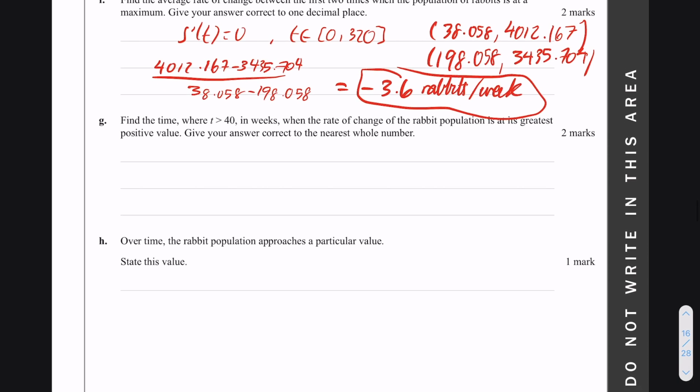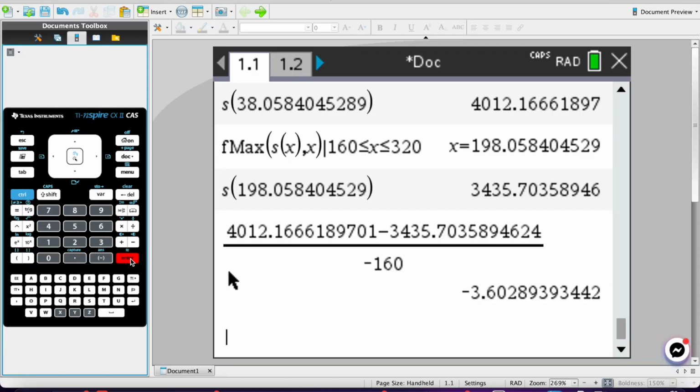Find the time where t is greater than 40 in weeks, when the rate of change of the rabbit population is at its greatest positive value. So we want to solve the double derivative is equal to 0, or the maximum double derivative. So we could do that.